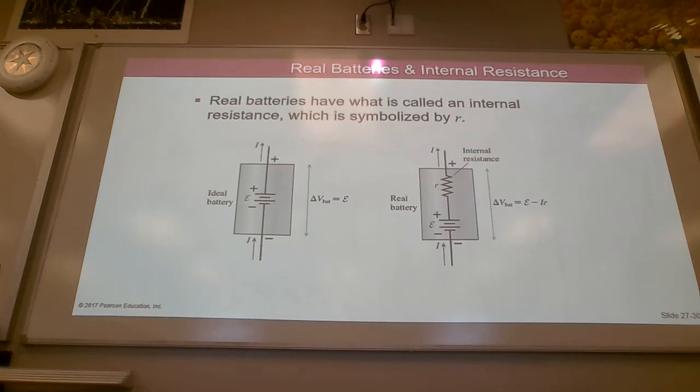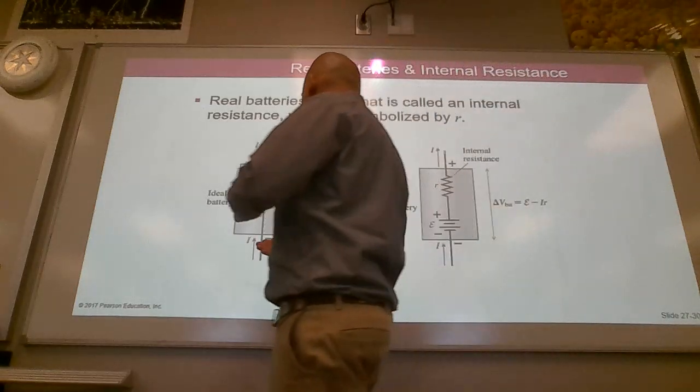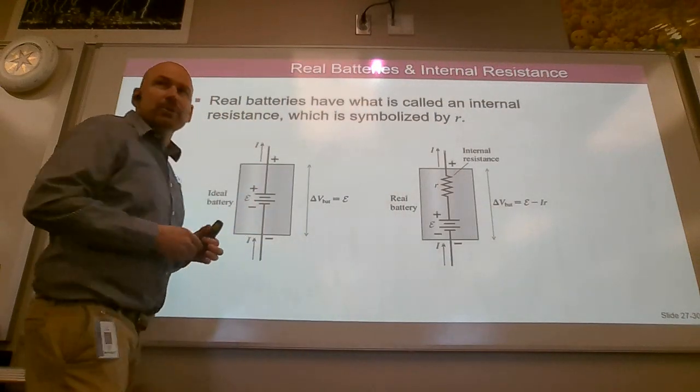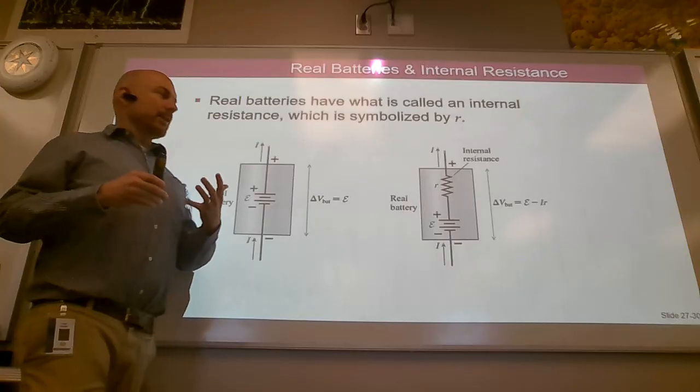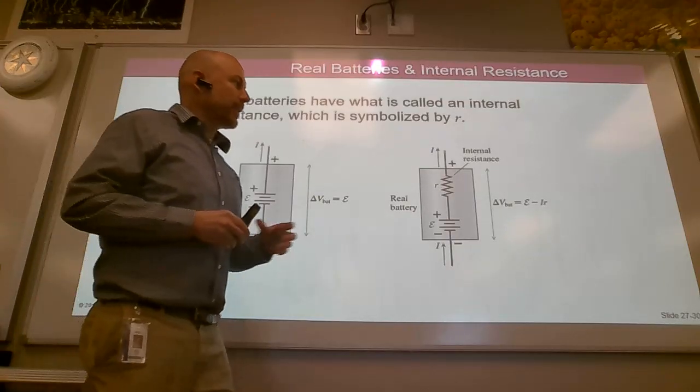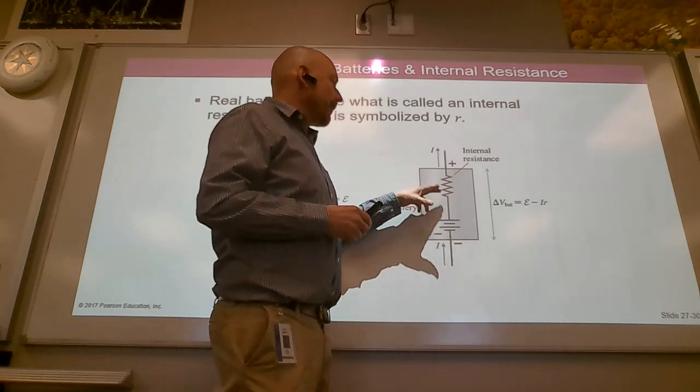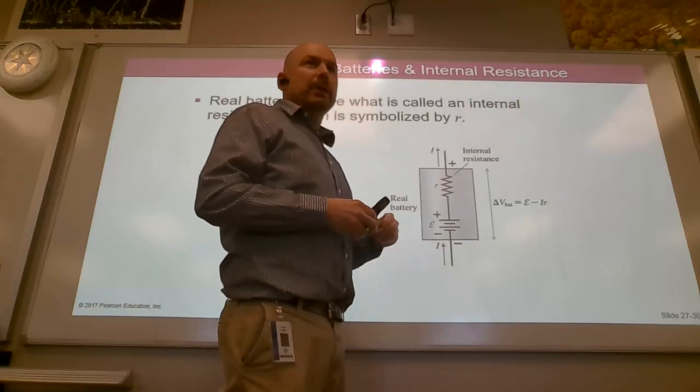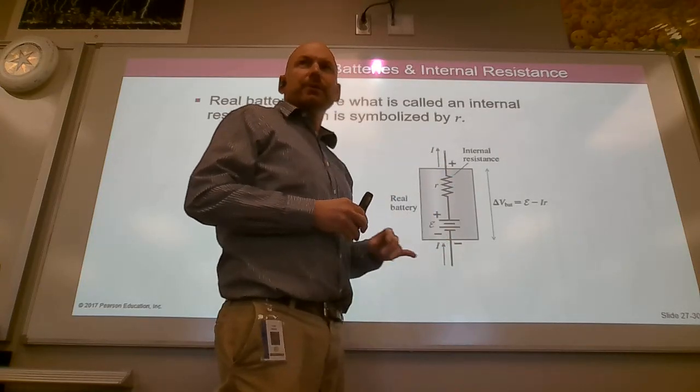Even a dead battery is still going to read like 1.3 volts. But then when you hook it up to a circuit, it doesn't light the light bulb or whatever it's supposed to power. That's because when you measure it straight away, not hooked up to a circuit, there's no internal resistance taking place. But when you have it hooked up to a circuit, you can see the internal resistance, and that's what's going to cause it not to work.